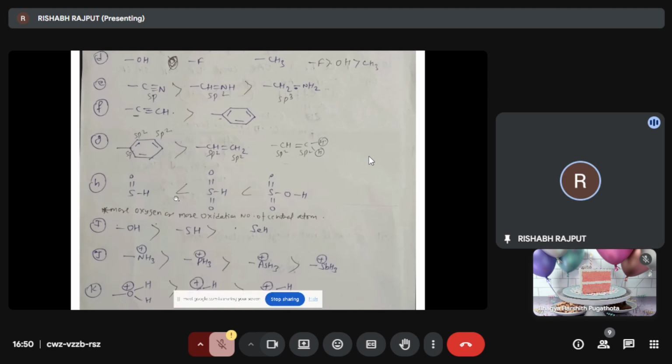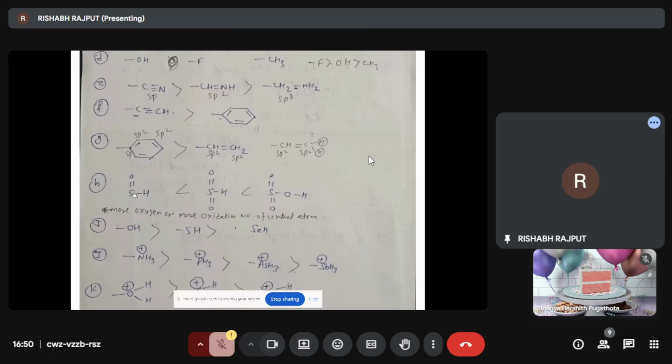Okay, now can you see here OH, SH, SeH. Now you can see hydrogen is there, but here oxygen is there, sulfur is there, Se is here. So guys, O, S, Se are in the same group. So if I go downside, electronegativity will decrease. That is why OH is more electronegative compared to SH and SeH.